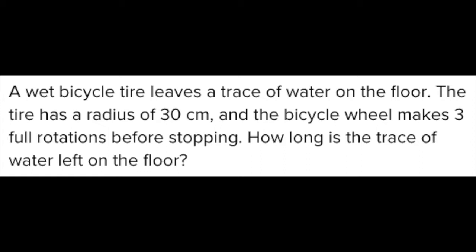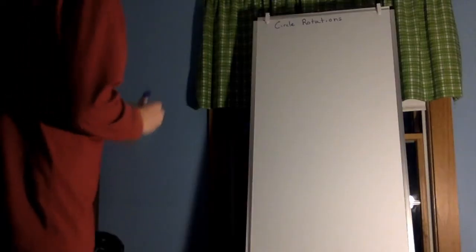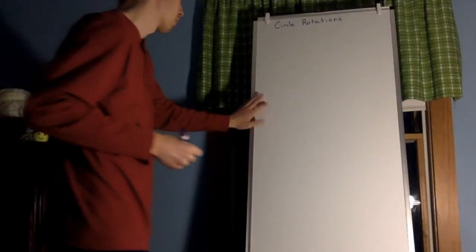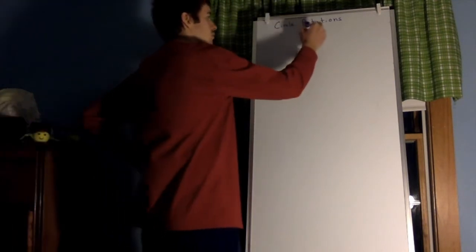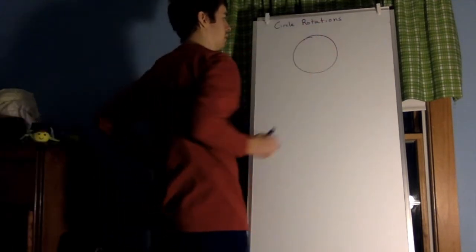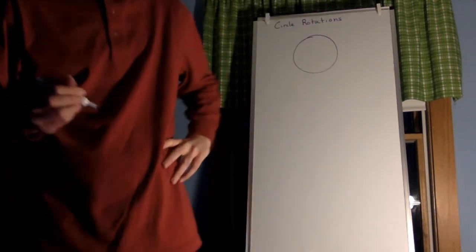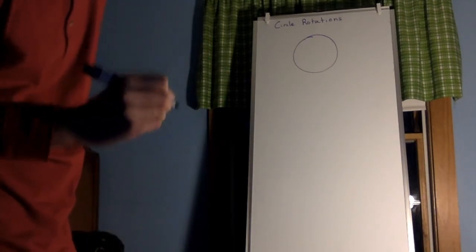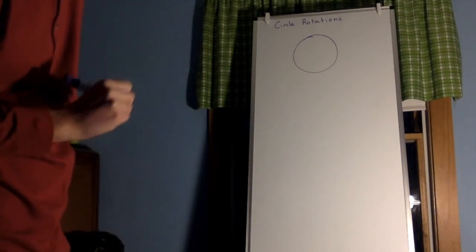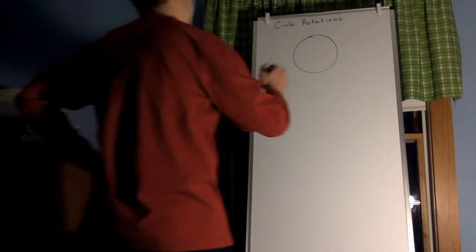All right, so I'm going to draw this out and sort of work our way through it. There's my circle, and I know that it has a radius of 30 centimeters. Okay?